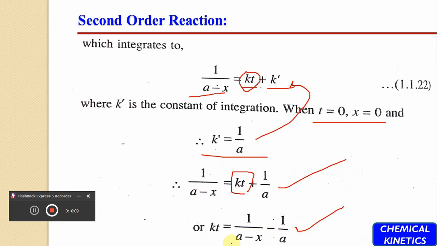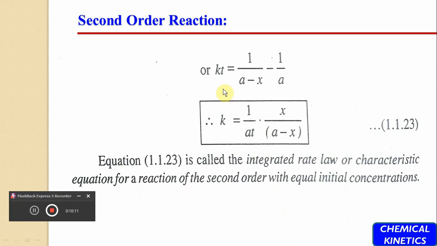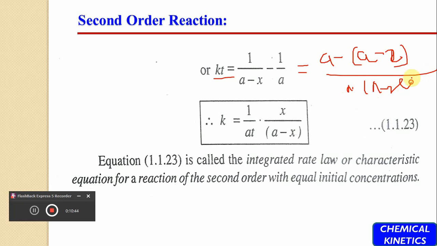After simplification, we have the equation k into t is equal to 1 upon a minus x minus 1 upon a. We want to write this equation for k, the rate constant for the second order reaction, as 1 upon t. If we solve this, it will be a minus (a minus x) divided by a into (a minus x).